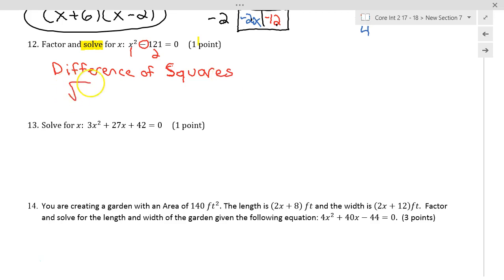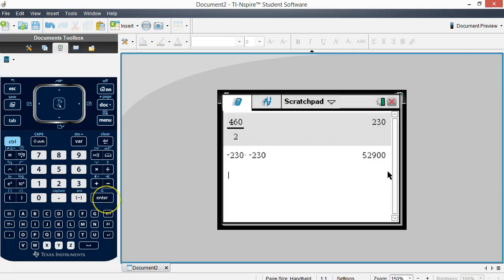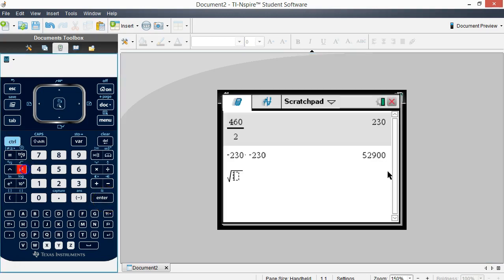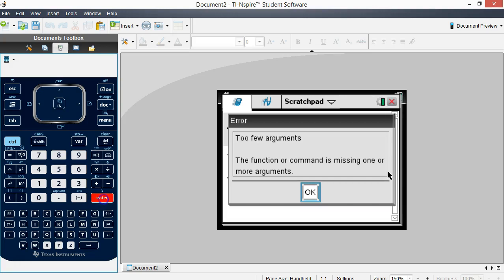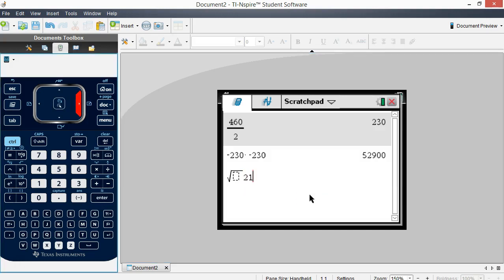So I'm going to do the square root of x squared, which is x, and the square root of 121, which is 11. And again, you can always use a calculator. Square root of 121 equals 11.